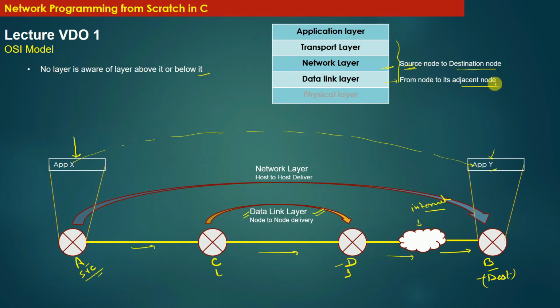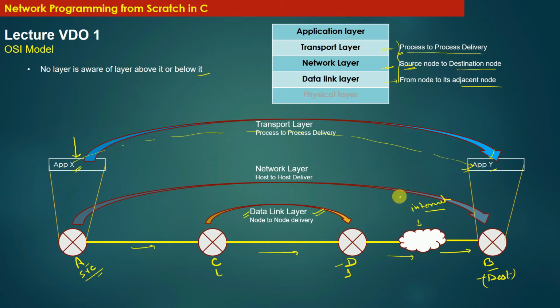Whereas the third layer is the transport layer. The transport layer takes the responsibility of the data transfer from application X to application Y. Since applications are processes, the transport layer is related to process delivery functionality. The transport layer doesn't know whether the destination machine B is machine C or machine D or any other machine in the network.